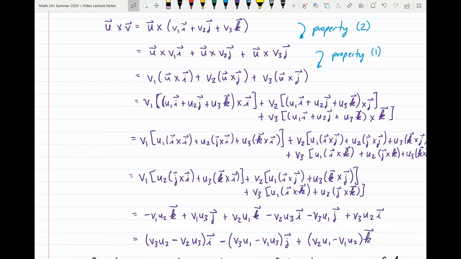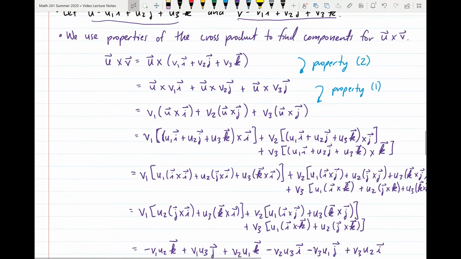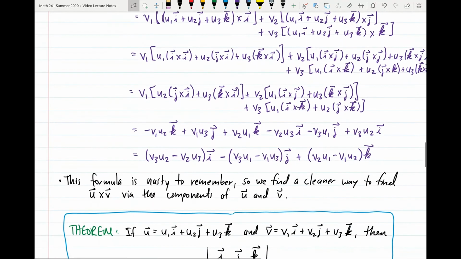And just realistically, we probably shouldn't go through it in a video like this. So anyways, you can use properties of the cross product from the box to find that u cross v in component form is going to be this expression down here, which is relatively complicated, certainly more complicated than the dot product was.